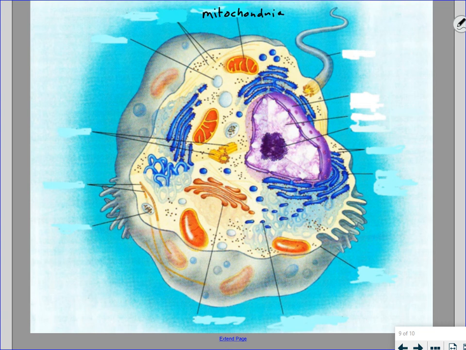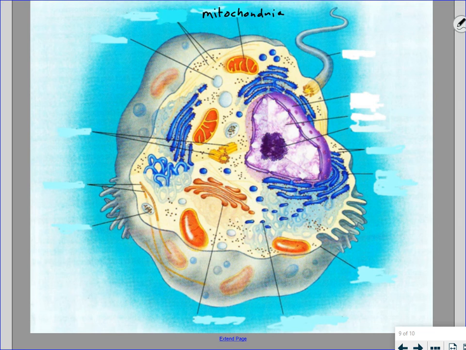It's the part of the cell that burns sugar and releases its energy. You would find this in both plant and animal cells, because even though plants carry out photosynthesis, photosynthesis doesn't give them the energy to do anything. Their mitochondria still have to burn that sugar that they make in photosynthesis.